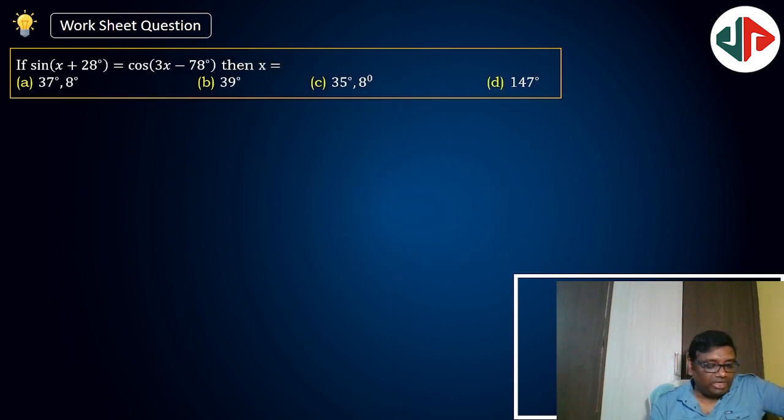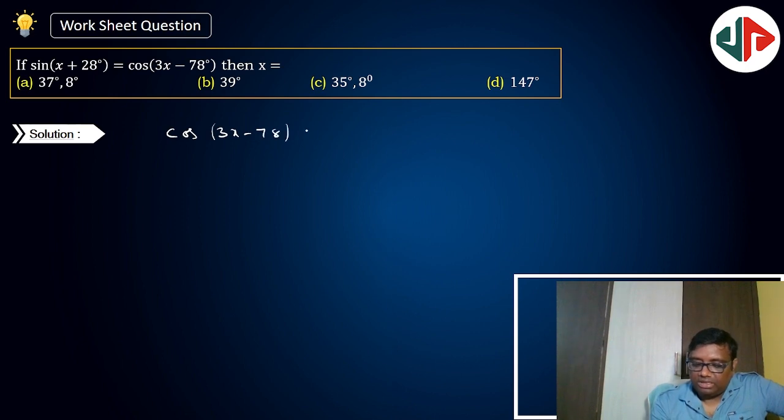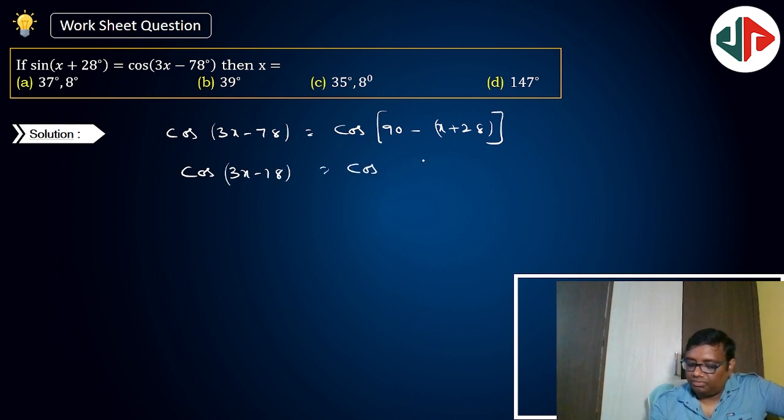Sine of x plus 28 is equal to cos of 3x minus 78. Then what is your x value? Cos of 3x minus 78 is equal to cos of 90 minus x plus 28. Now cos of 3x minus 78 is equal to cos of 90 minus 28, 62 minus x. Now 3x minus 78 is equal to 2n pi plus or minus 62 minus x.